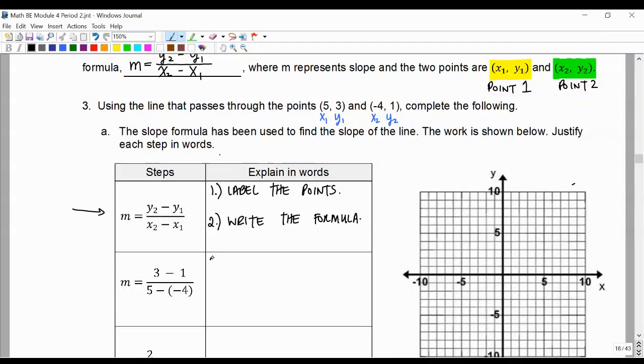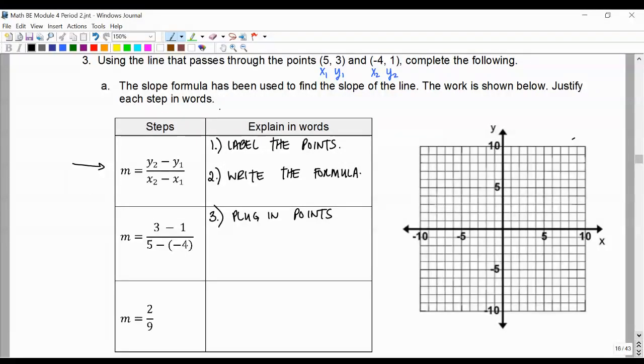All right, step 3, we're going to plug in the points. Somebody already did that for us. And I'm going to make a star here for vertical alignment. That probably doesn't make any sense, but I'll point out what I mean.